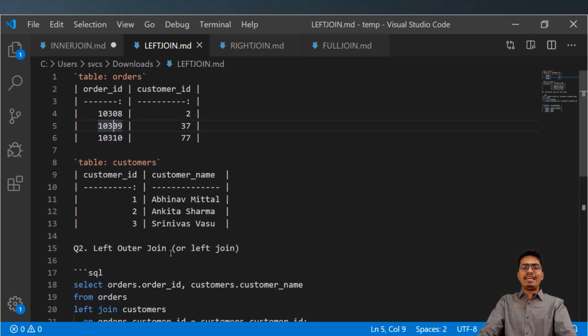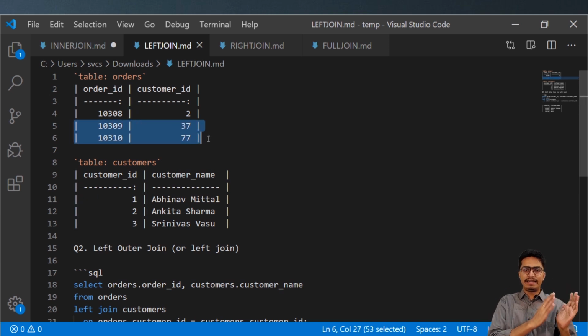Then, because it's a left join, any rows on the left table that did not find a match in the right would still come in the result.